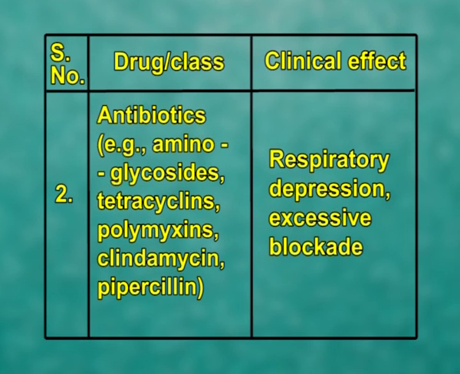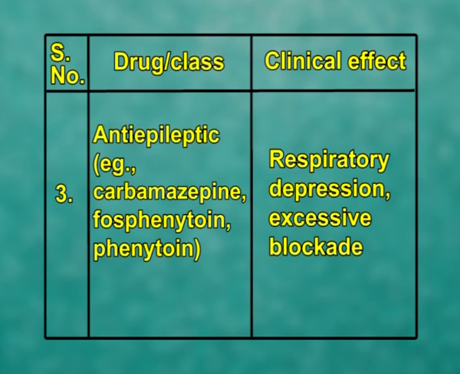Antibiotics, for example, aminoglycosides, tetracyclines, polymyxins, clindamycin and piperacillin. Their mainly clinical effect is respiratory depression and excessive blockade. Third one is anti-epileptic, for example, carbamazepine, fosphenytoin and phenytoin. Its clinical effect is rapid recovery time after NMB administration.